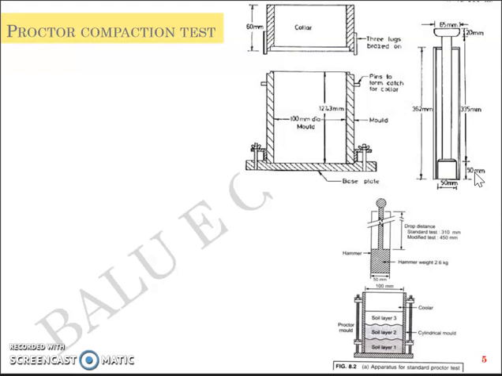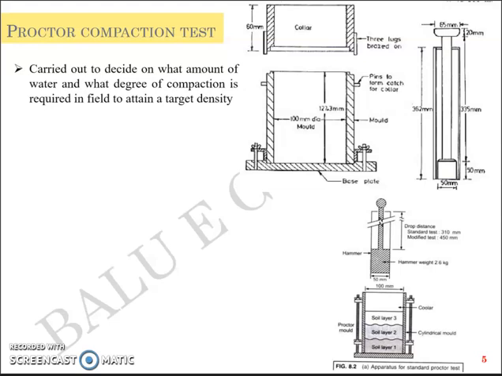So this test gives you the water content at which the soil attains the maximum density and the value of the maximum density, right? It's quite a simple test. No big rocket science is involved. Now, it's carried out to decide on what amount of water and what degree of compaction is required in the field to attain a target density.